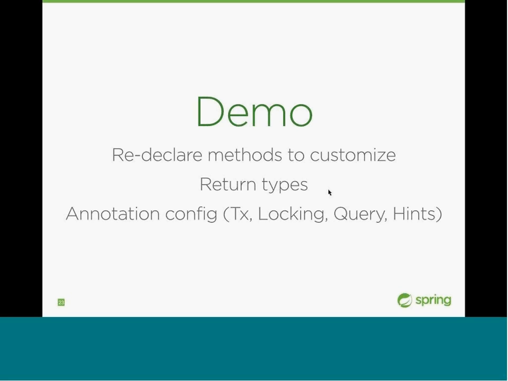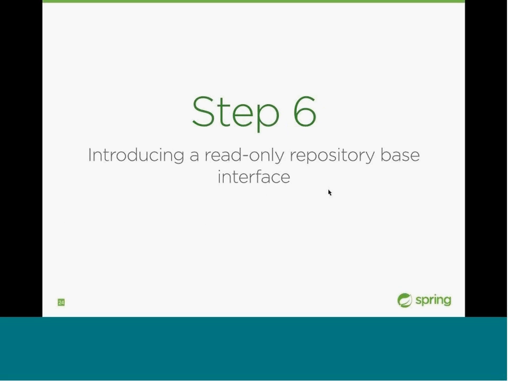And we generally support annotation configuration on the query methods, or on the CRUD methods. So we have annotations to define the lock modes. You can add query hints to the query execution. All of that stuff that you need if you want to tweak the execution for your persistence provider. All right.